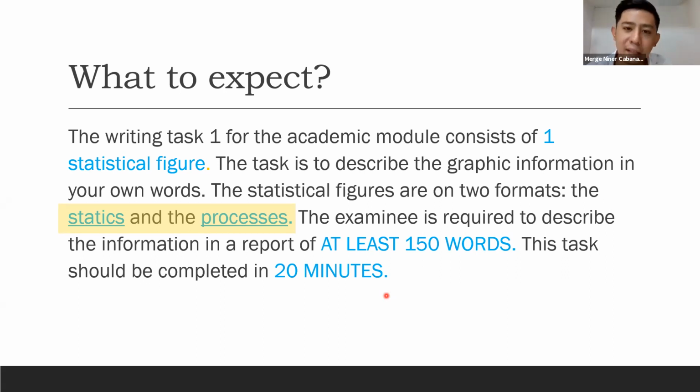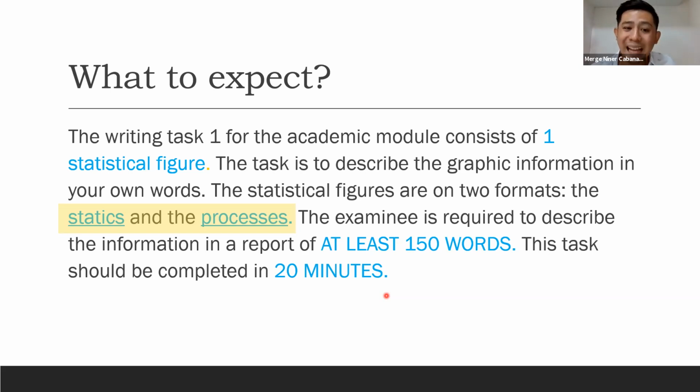That's why it's 40 minutes and not 30. In task 1, you only write 150 words, technically much shorter, so you're not going to spend that much time. You have to complete that in 20 minutes. That is what you should expect in task 1.